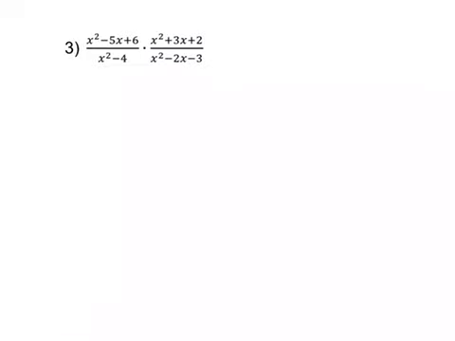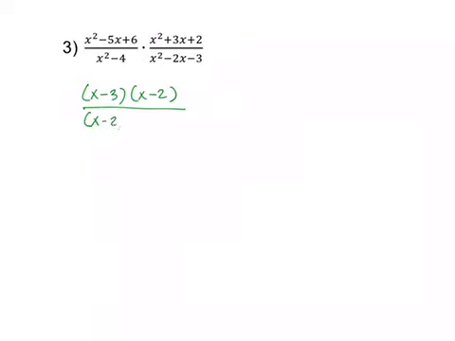Right. My next exercise, again, I'm going to start by factoring everything that I can factor. If something I cannot factor, I would just keep it like that. In this case, the numbers that you multiply and give you 6, and you add and give you negative 5, x minus 3, x minus 2. My denominator is another difference of squares, so x minus 2, x plus 2, times.